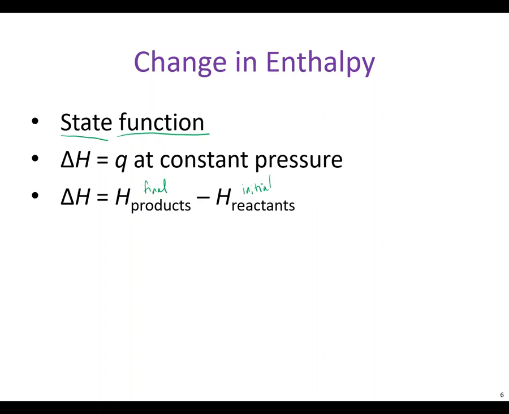Now this is the basic setup of the state function. We're going to be using a more specific equation later on that's on your formula sheet, but it's the same idea. The heat within the bonds of the products minus the heat within the reactants gives you your change in the heat, and then by the sign, you know which way the heat's flowing.